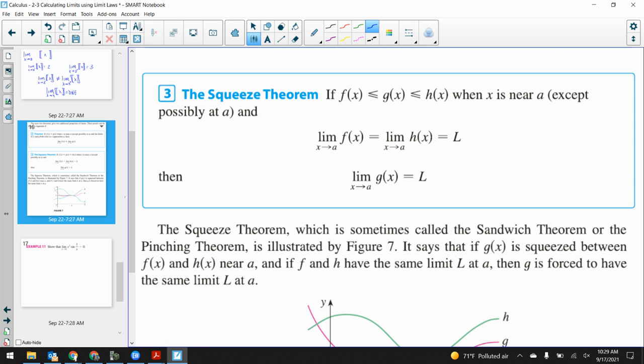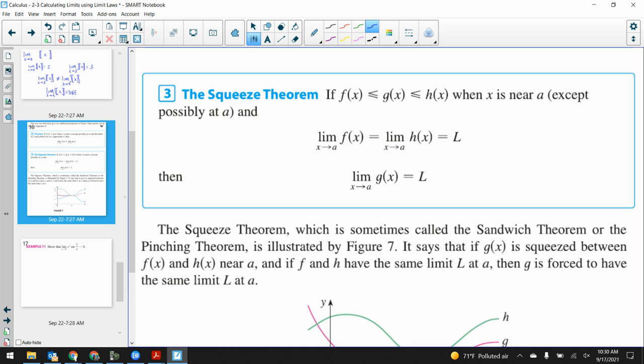But this is the cool part about this. You can also, I don't know how to say this, narrow in. If I know there's going to be a function above, and a function below, and I know the limits of those functions, then I know the middle one has to be in between those as well.